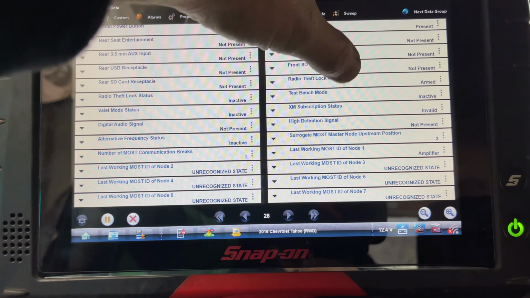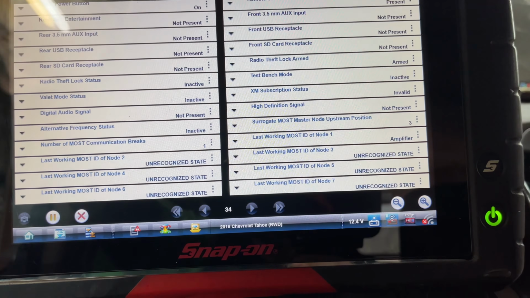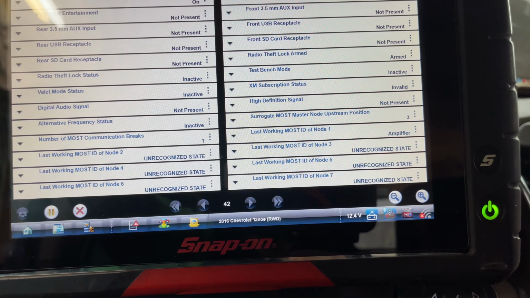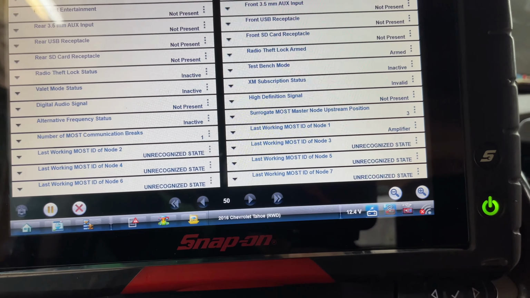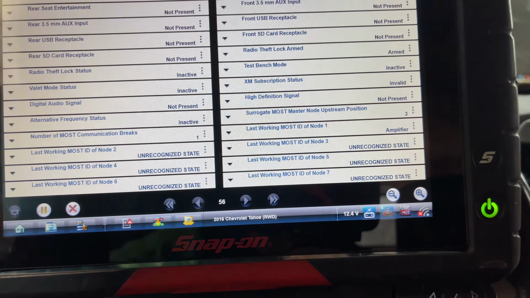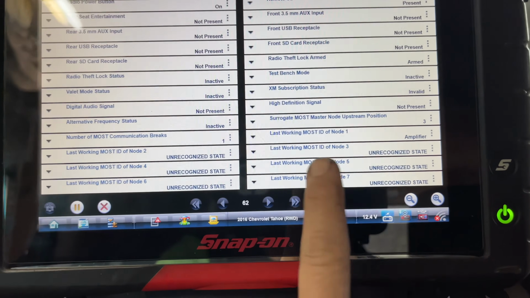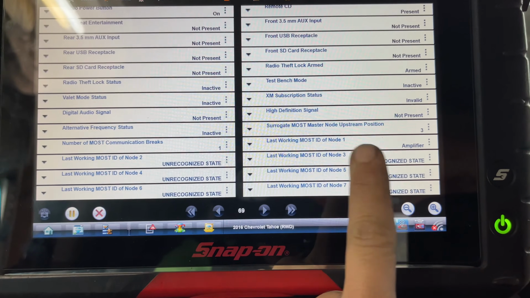So, it still says unrecognized state. Last working MOST node amplifier, which is kind of strange. I don't like how they do this. This is rarely accurate. Right here, this is what I was talking about. I don't really trust this data a whole lot.